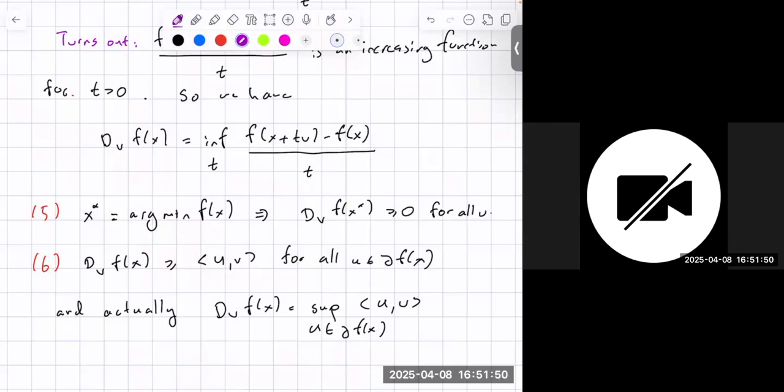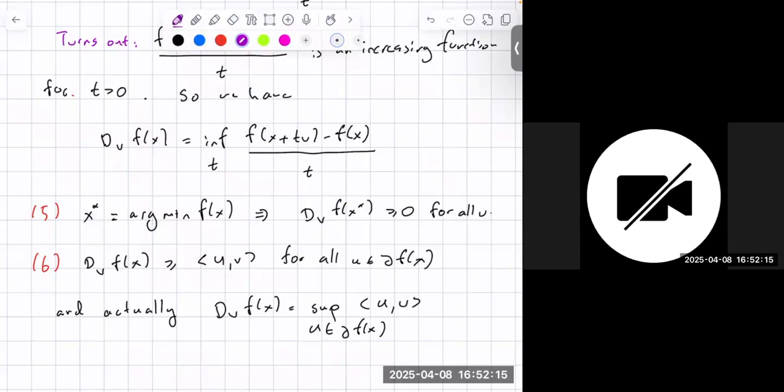So if you're a vector satisfying this inequality for every v, then you're a subgradient. This is another characterization of subgradients. And actually the biggest one, when you push it to the limit, when you fix a v and look at all subgradients and pick the biggest number you could create out of this dot product, you literally end up recovering the directional derivative. The suprema actually touches, right?